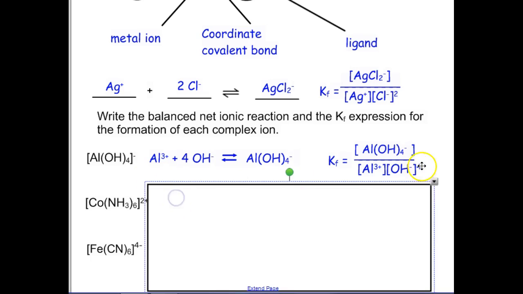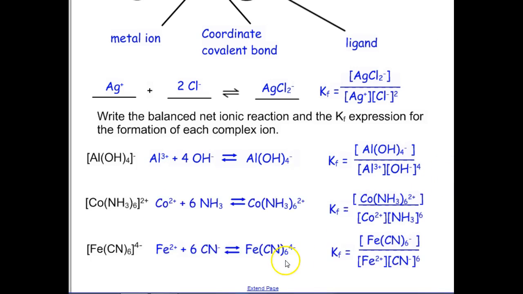All right, let's see what you came up with. Both of these have the ligand to the 6th power because there are 6 ligands. It is hexacoordinate. It has a coordination number of 6. We were able to figure out the charge of the cobalt ion because ammonia has no charge, and the whole thing's +2, so it has to be a cobalt +2.